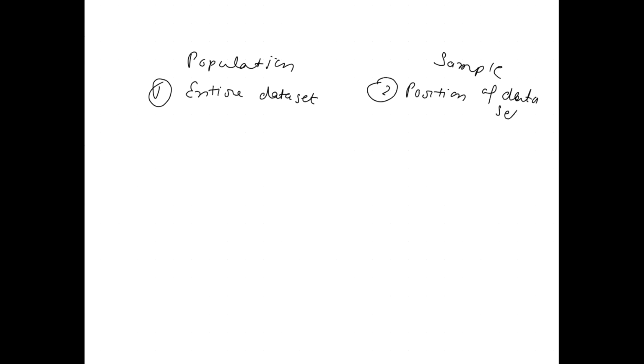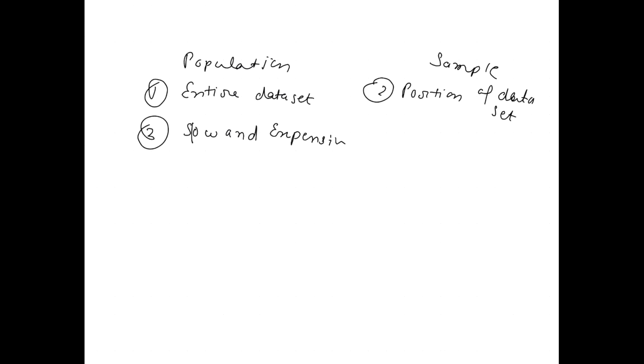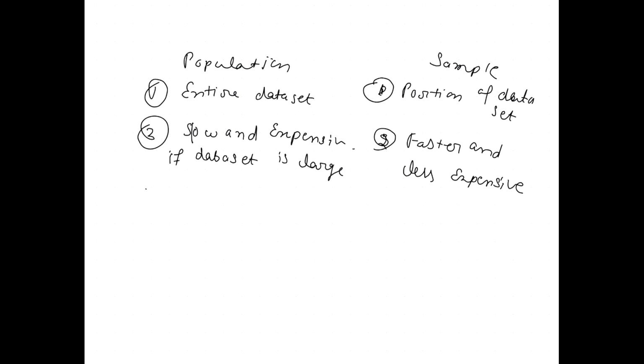Population is slow and expensive if the data set is large, millions, billions, right? What about the sample? It is going to be faster and less expensive. This is the second one.